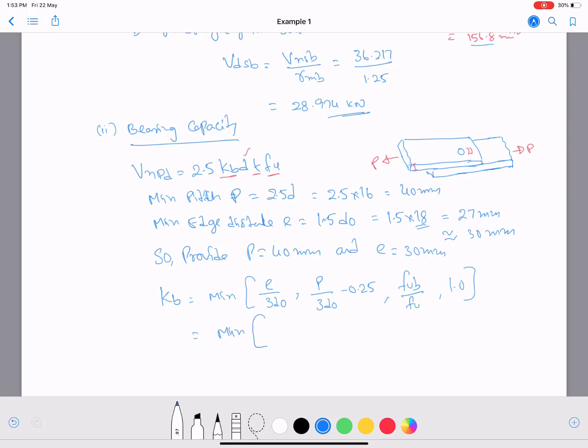Minimum of 30 by 3 times 18, where d0 equal to the hole diameter, right? And 40, which is the pitch distance, divided by 3 times 18 minus 0.25, comma, Fub equal to the bolt ultimate strength, which is 400, by the plate ultimate strength, 410, comma, 1.0.